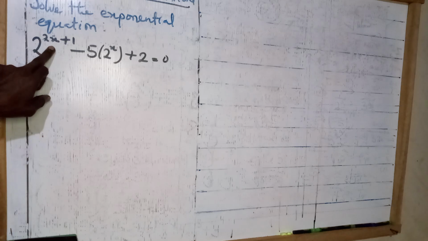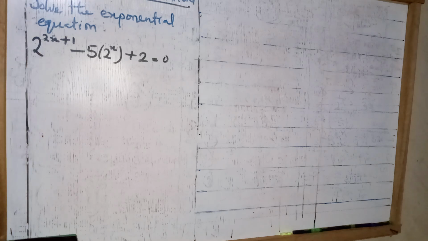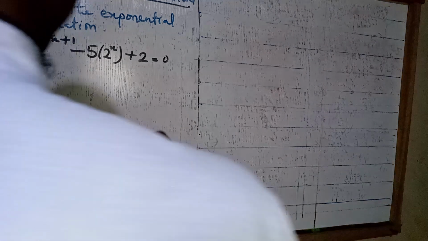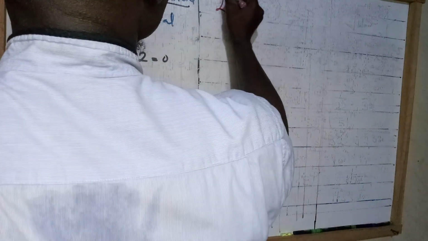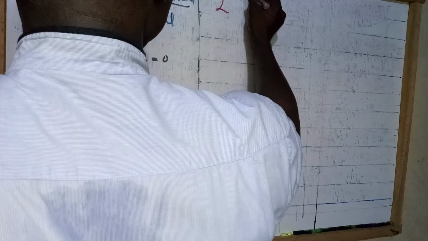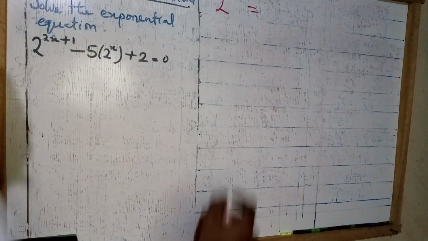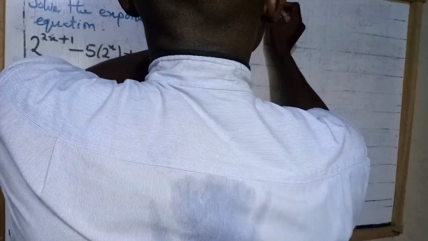So this exponent here, we are going to break it down as 2 raised to the power 2x plus 1, giving us 2 raised to the power 2x times 2 raised to the power 1.